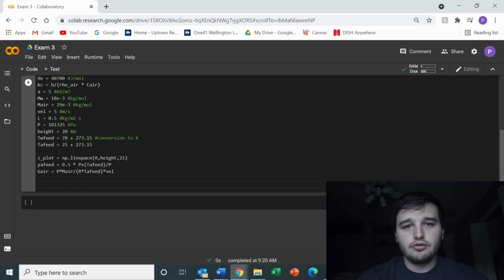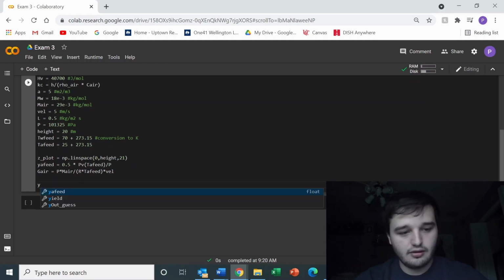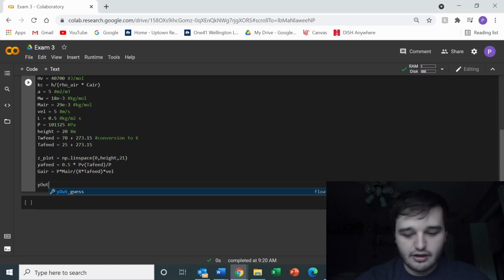Since we're using an initial value problem, remember that solve IVP takes initial guesses, so here we need to give those initial guesses for the mole fraction of water coming out of the feed as well as the temperature of the gas coming out. So we'll call the mole fraction of water coming out a guess.